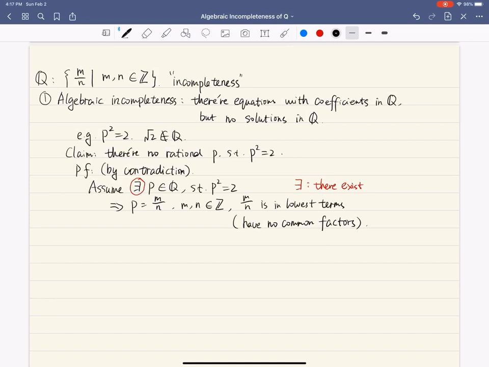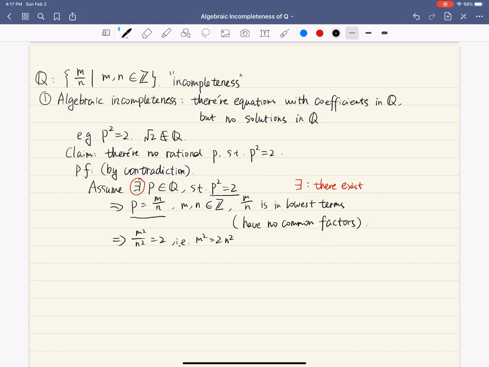So what do we do next? So we're gonna plug in p equals m over n into p squared equals 2. So what do we get? m squared over n squared equals 2. So m squared equals 2n squared.